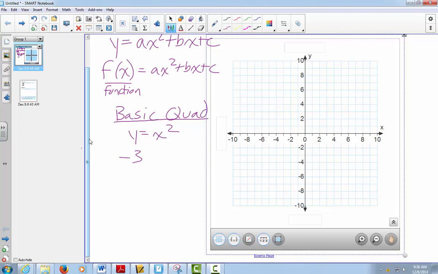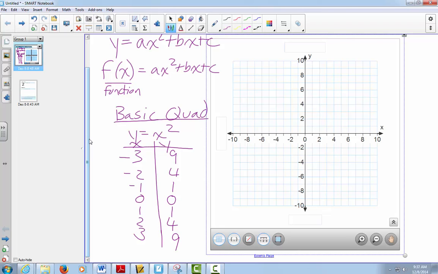To give you an idea how it's going to work, we're going to take a table of values and plot a few points over on the right hand here. So all you're doing is subbing x into the equation, so negative 3 squared is 9. Negative 2 squared, 4, 1, 0, 1, 4, 9.